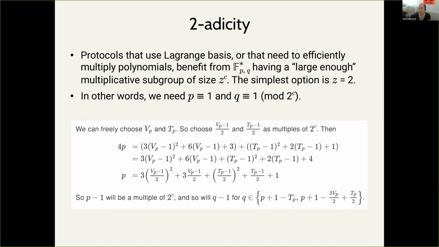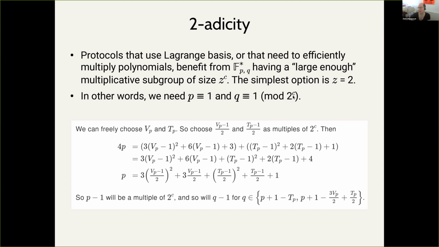So the other reason for doing this in this way is that we need these multiplicative subgroups, which we used in Plonk, and that means that we need the primes P and Q to be congruent to 1 modulo 2^C. And C here defines the size of circuit that can be supported.